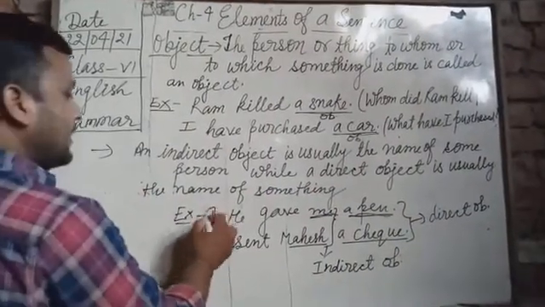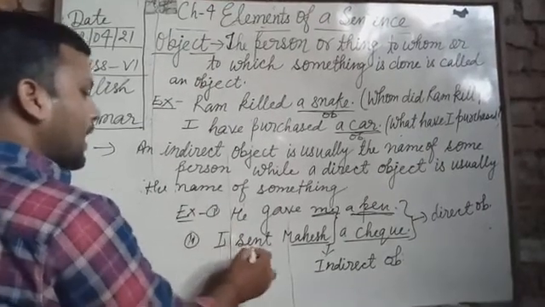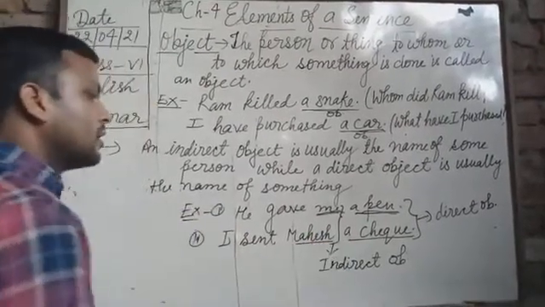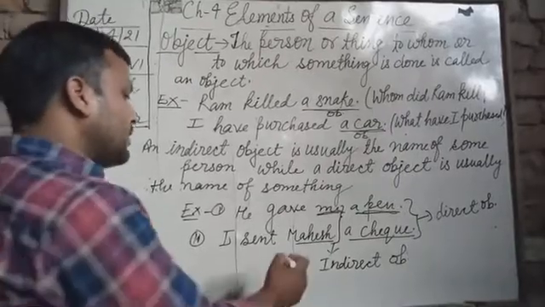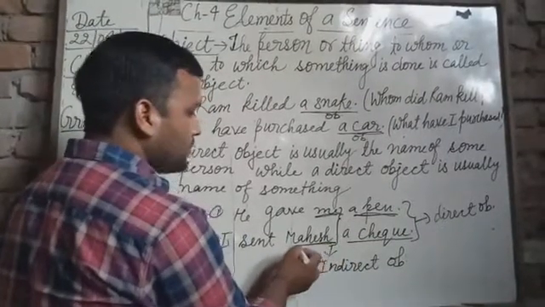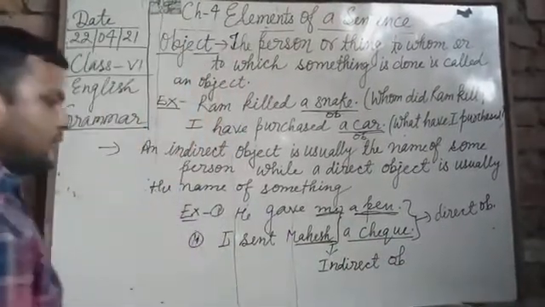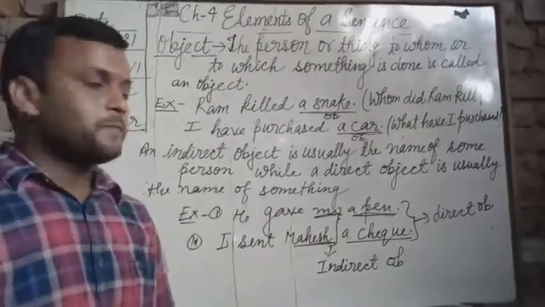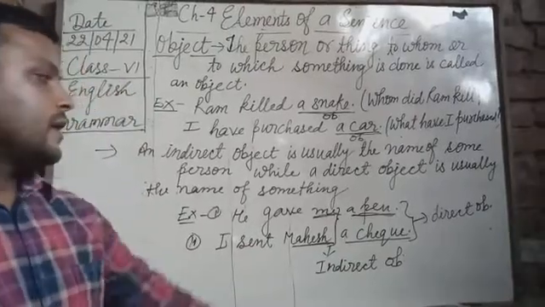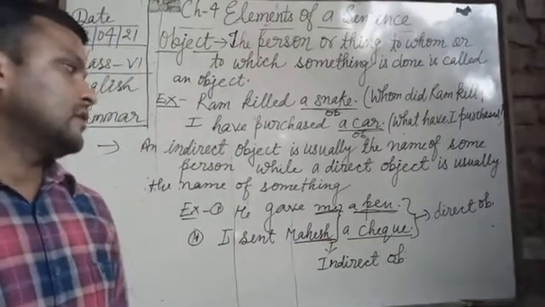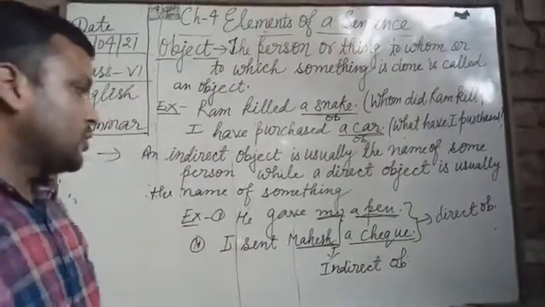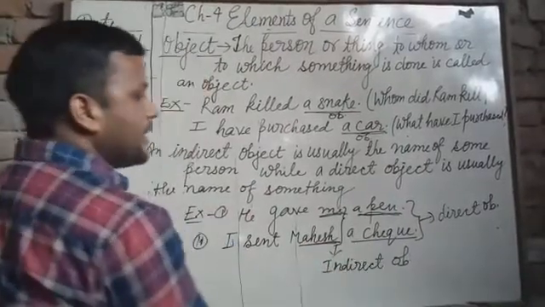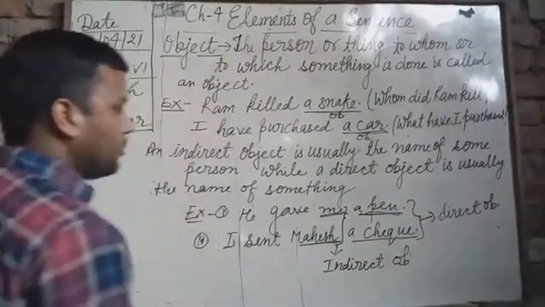In the second sentence, I sent Mahesh a check. In this sentence there are two objects, Mahesh and a check. Mahesh is the name of a person, and a check is a thing. It is not the name of a person. So Mahesh will be an indirect object and the check will be a direct object.